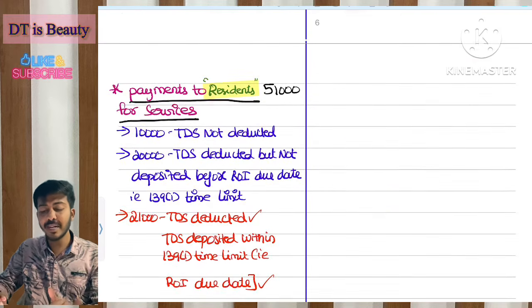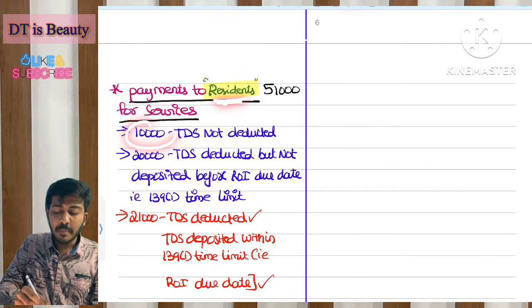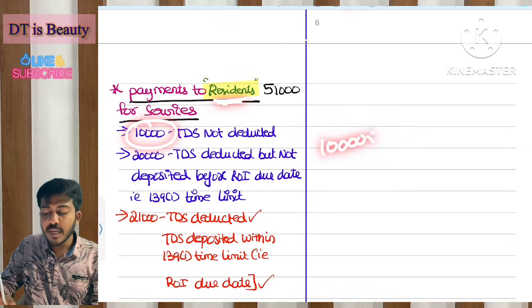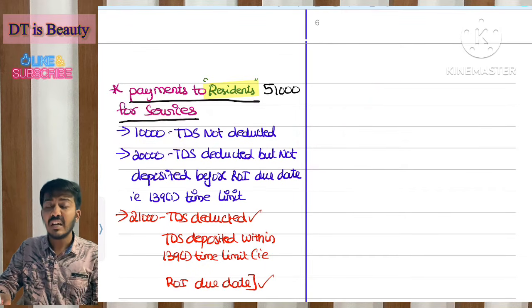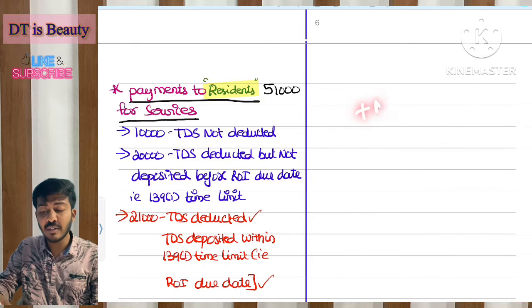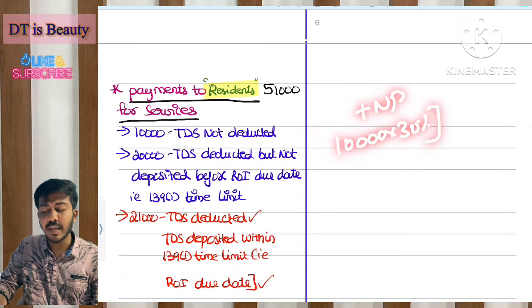Simple. Similarly for the resident, now you are making him suffer 10,000 into 30 percent by adding it to the net profit. If you add to net profit, what is happening? Your profit is increasing, correct or wrong? So you have added 10,000 into 30 percent.